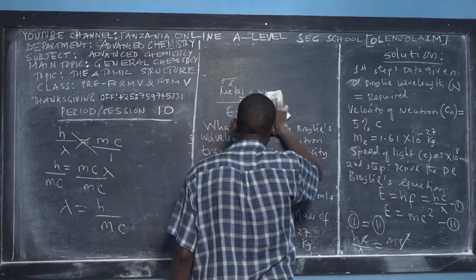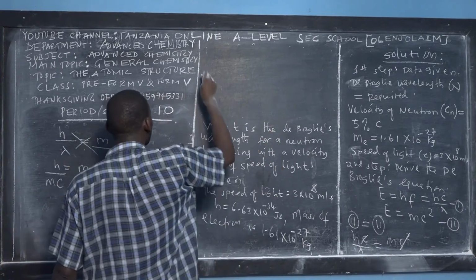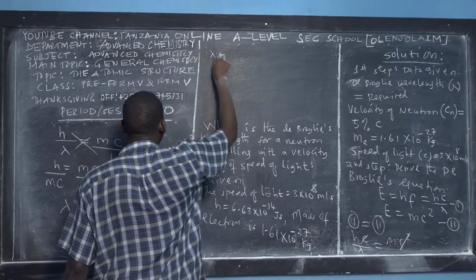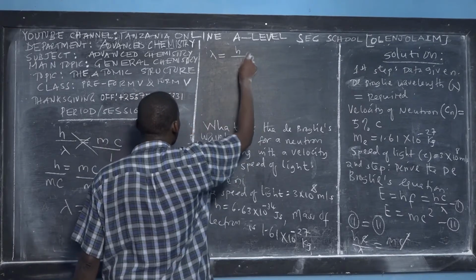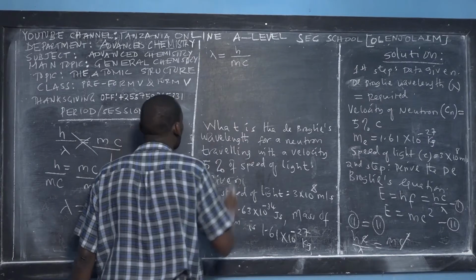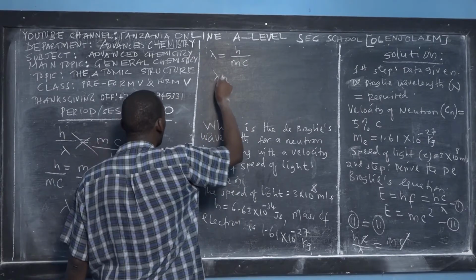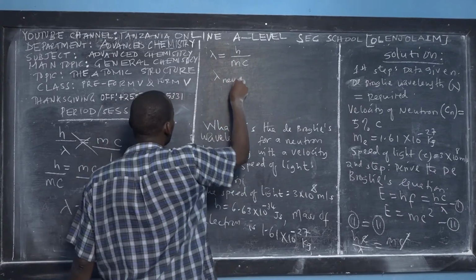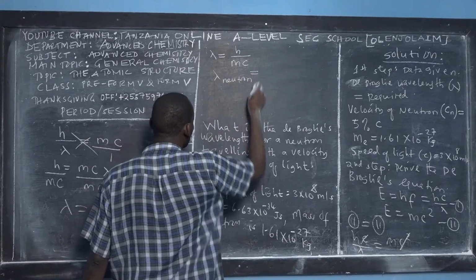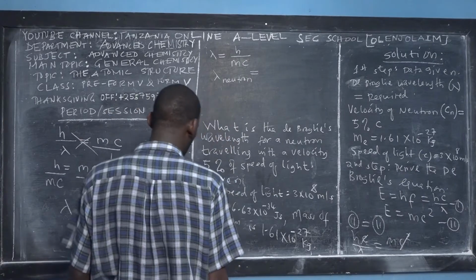So we have to read the question clearly. The question says that you have to calculate the de Broglie wavelength, and in this case, generally, it is Planck's constant over mass times speed, right? But we are calculating the de Broglie wavelength of what? Of the neutron, not the electron. But are we given the mass of neutrons or the mass of electrons?